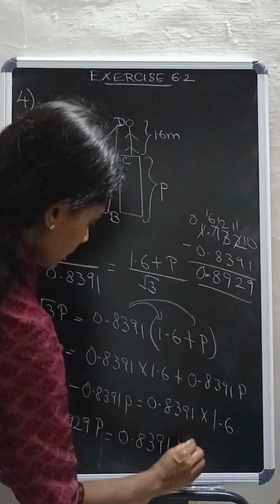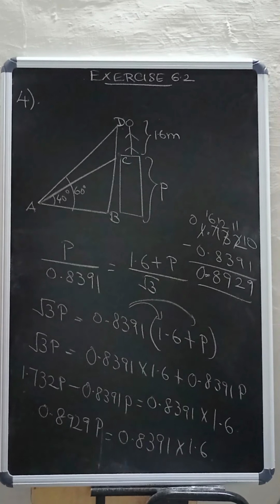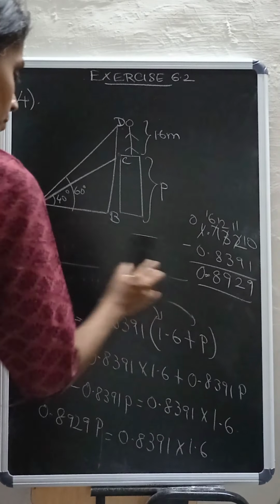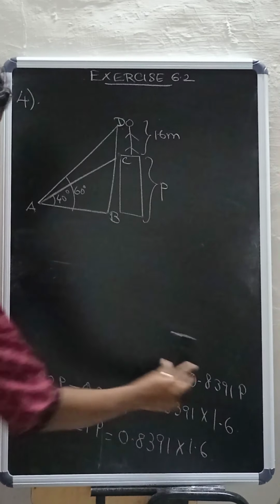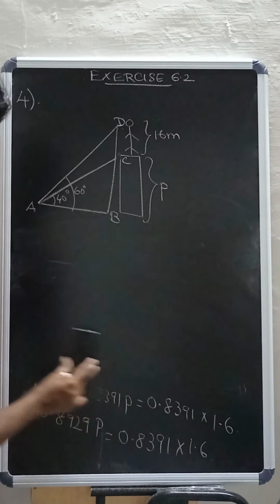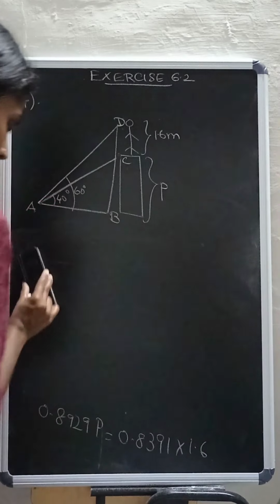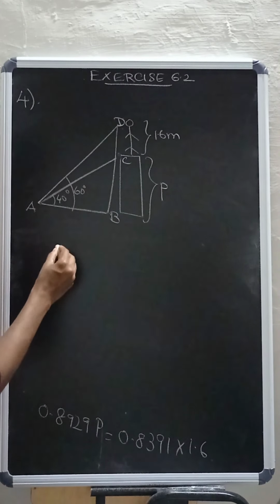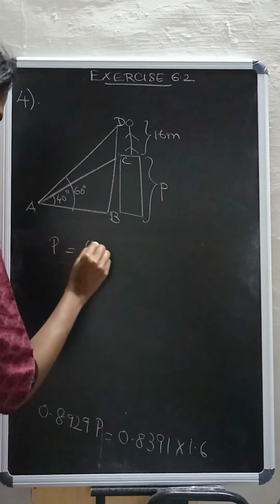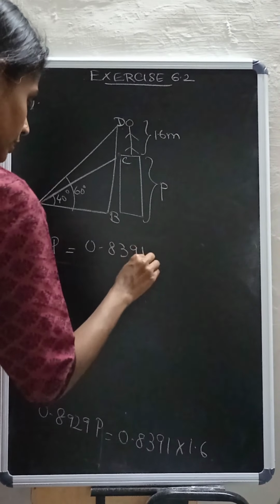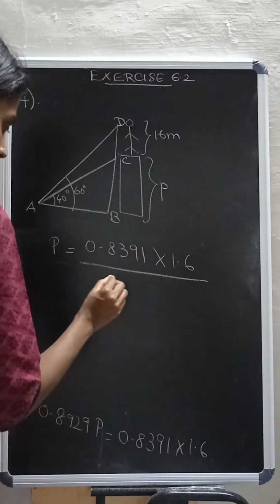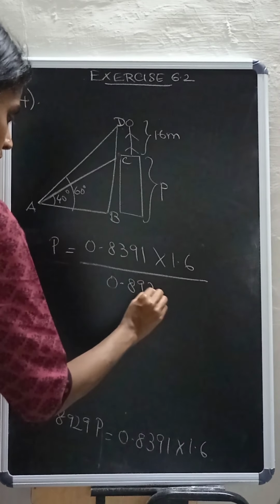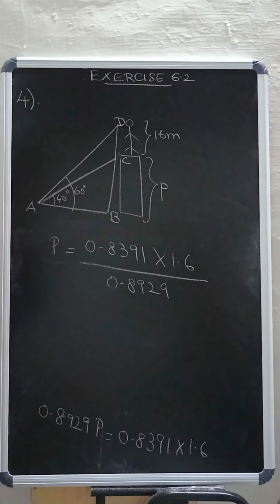0.8391 into 1.6. P is equal to 0.8391 into 1.6 divided by 0.8929.